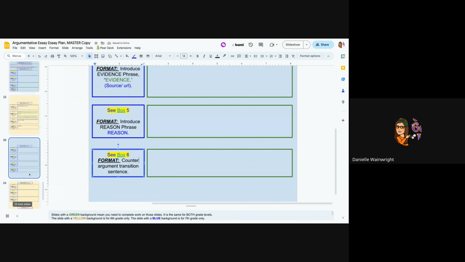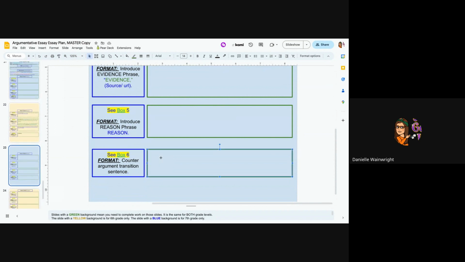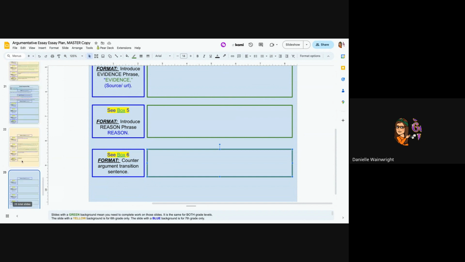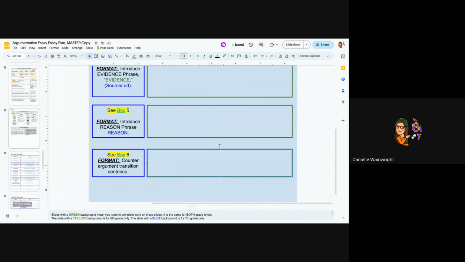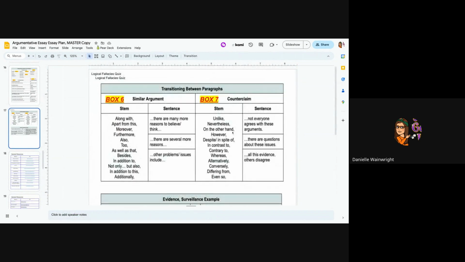Okay, so you could have everything be the same as the 6th graders just did, but you're going to use one of these phrases instead, which is like: unlike, nevertheless, on the other hand, however, despite, whereas, alternatively, not everyone agrees with these arguments.